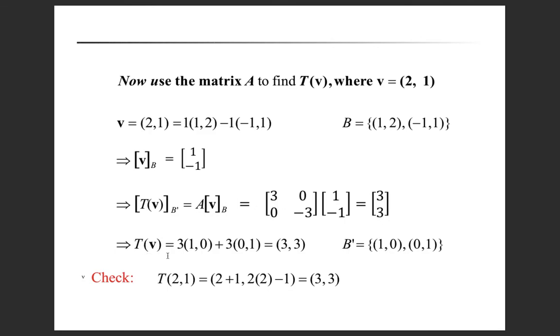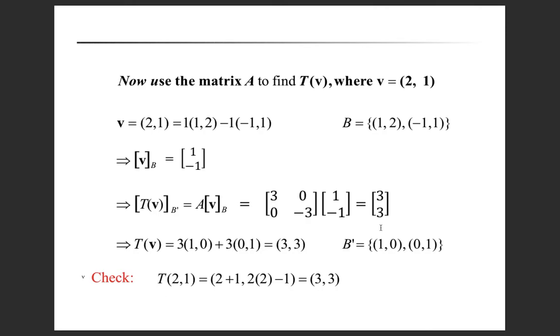So TV is equal to 3 into (1, 0) plus 3 into (0, 1), because B dash is (1, 0) and (0, 1). Here I have written (1, 0) and (0, 1). So 3 into (1, 0) plus 3 into (0, 1) is (3, 3).